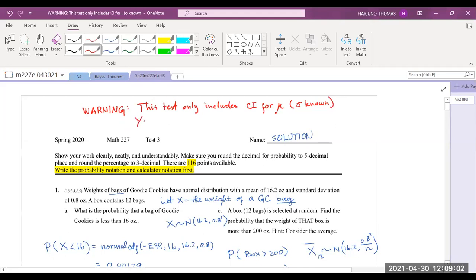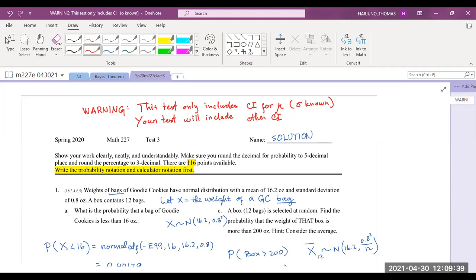Your test will include other confidence intervals. Not only the one for mu with sigma known, but also confidence interval for mu with sigma unknown, confidence interval for proportion.